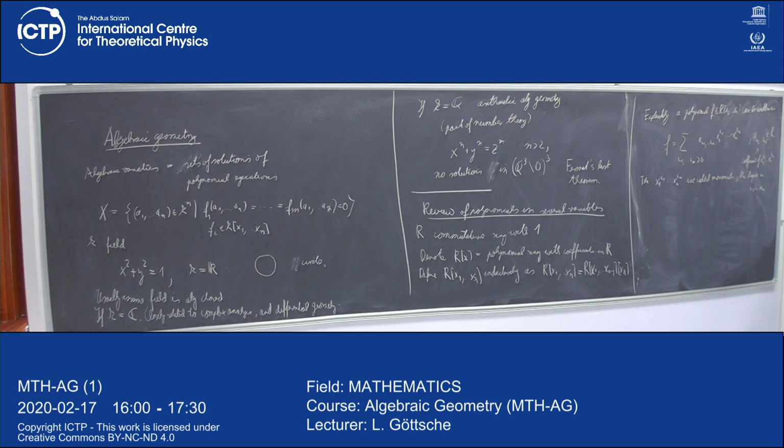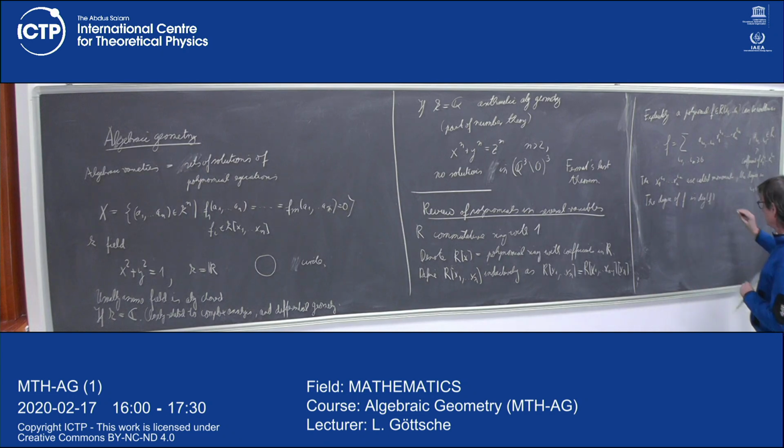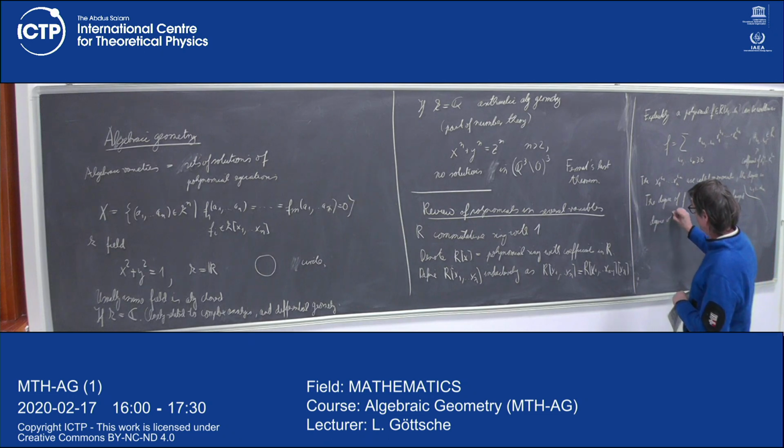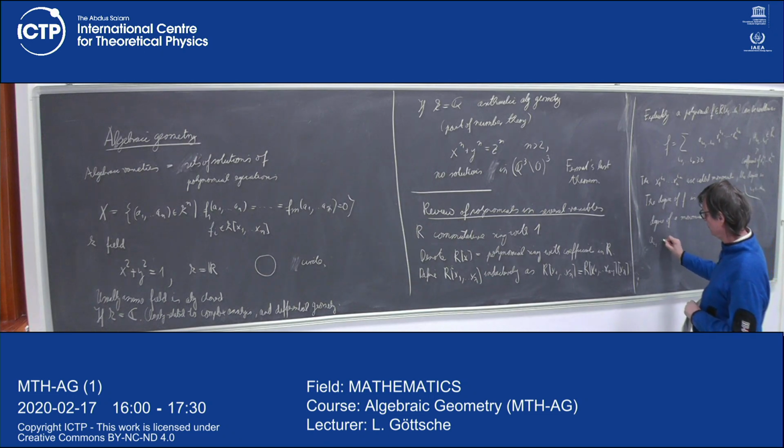This is the highest occurring degree of a monomial such that the coefficient is non-zero, which is the largest degree of a monomial x1^{i1} ... xn^{in} such that the coefficient a_{i1...in} is different from zero.